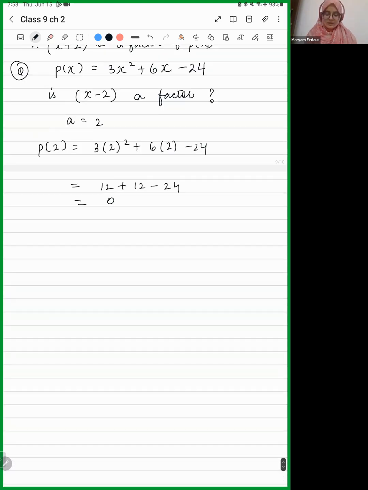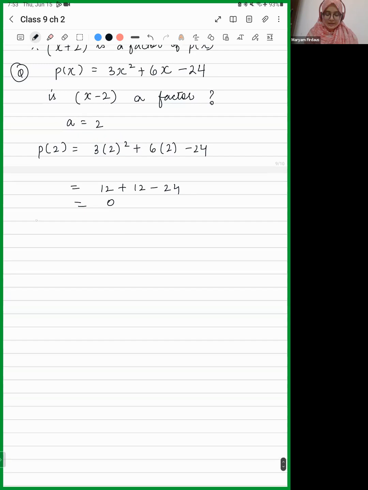It is a factor. So again, we have to write it like this. Always make it a point to write the statement very clearly. What have we solved?